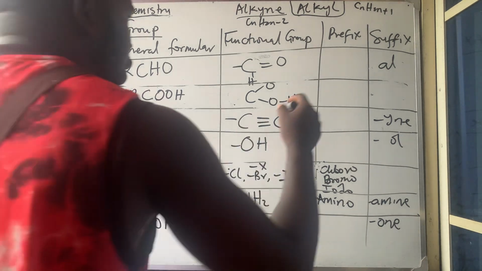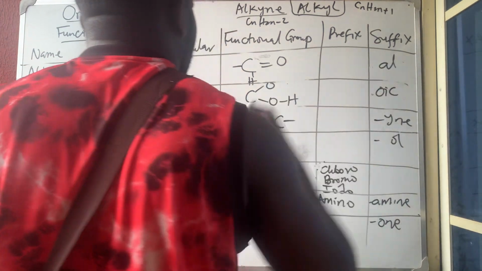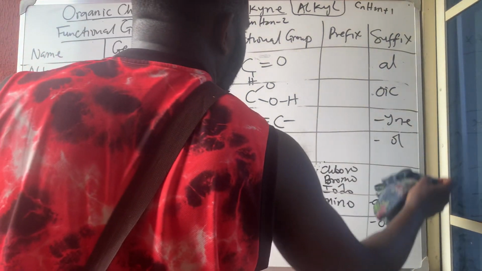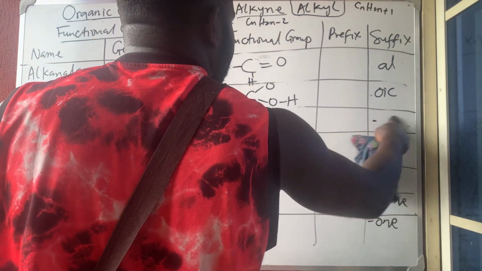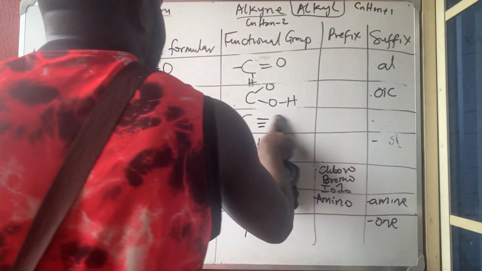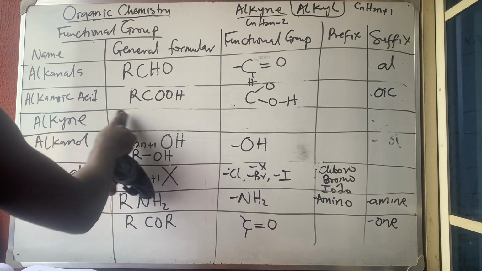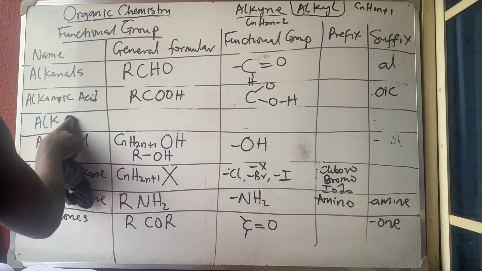They are used as "oic": pentanoic, hexanoic, heptanoic acid, and so on and so forth.